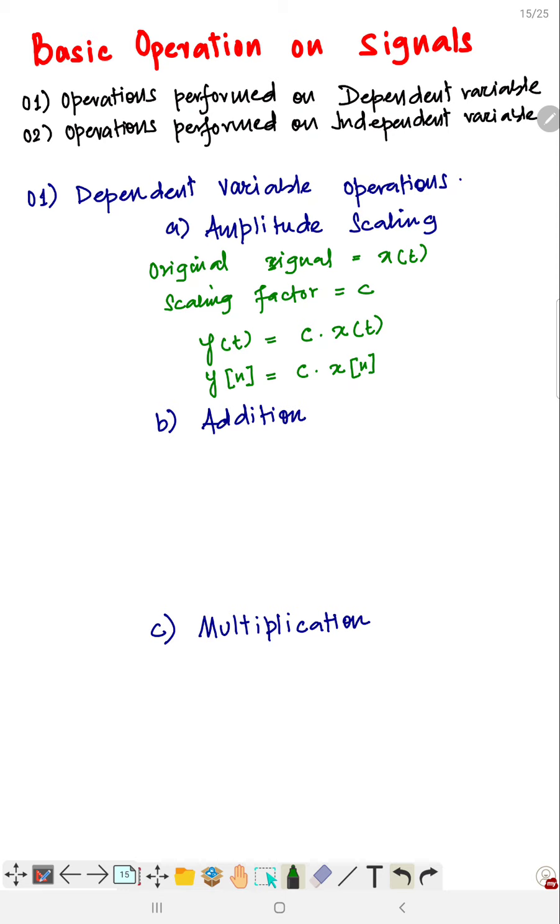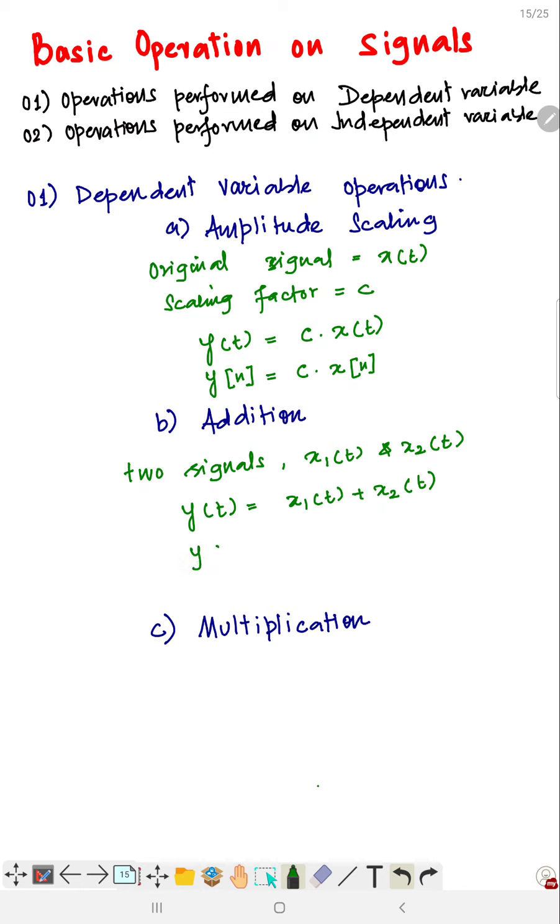Similarly, we have addition. Addition is that we have two signals, say x1 of t and x2 of t. Then we define a new signal y of t as the sum of these two signals. Right? Again, since it is the sum, the amplitude will add up.